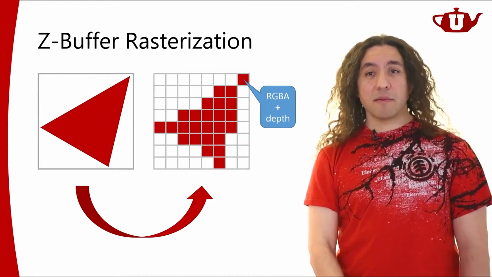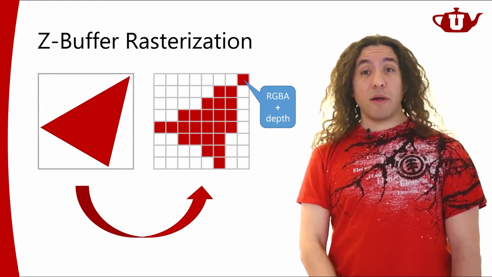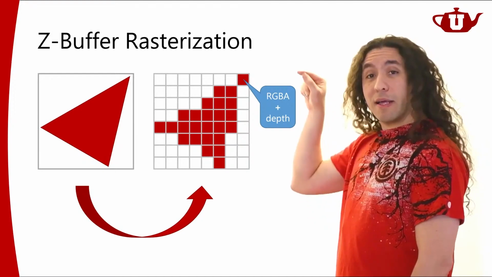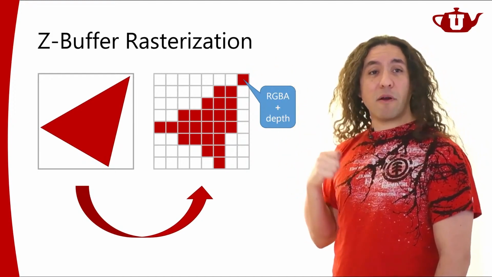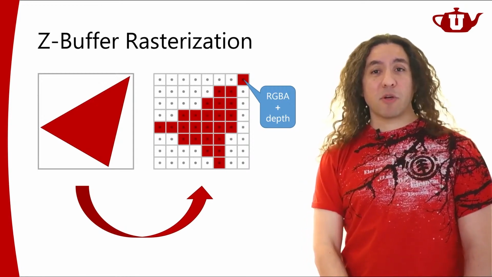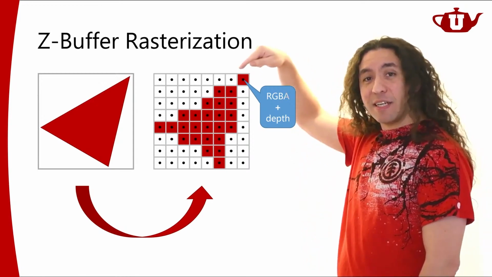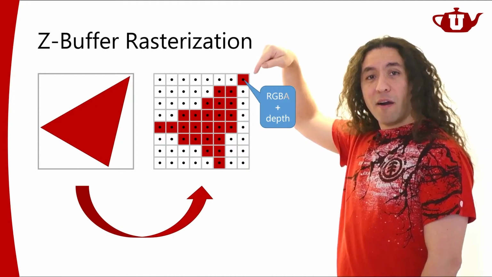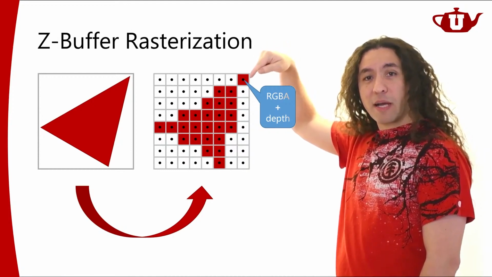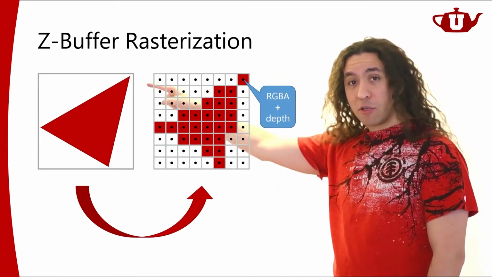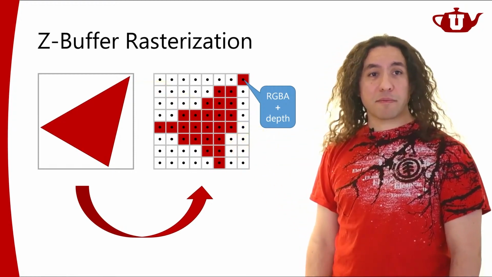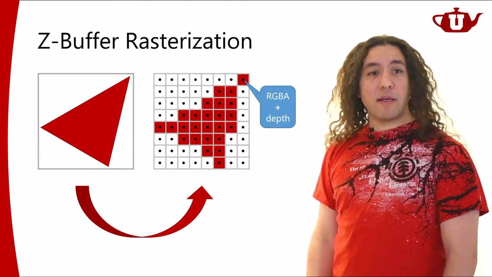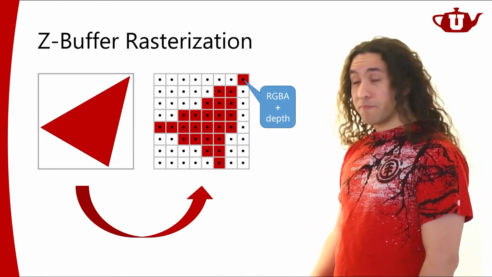So each pixel will also store how far that pixel is from the camera. More specifically, at the center of the pixel, how far the point on that triangle that corresponds to the center of the pixel is from the camera. All right, so that's what Z-buffer rasterization does.